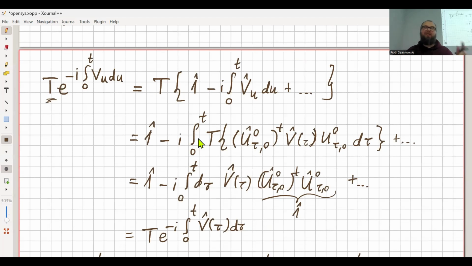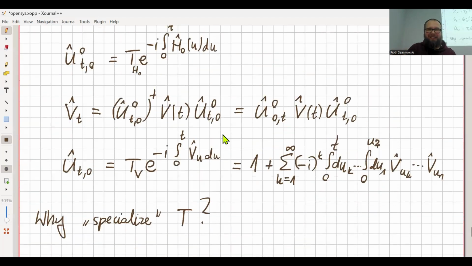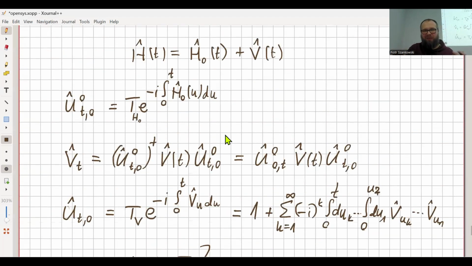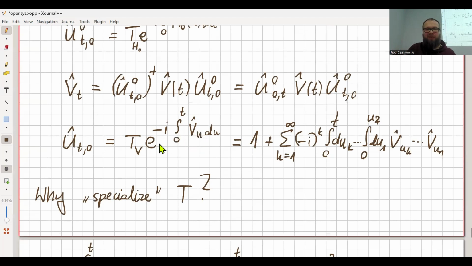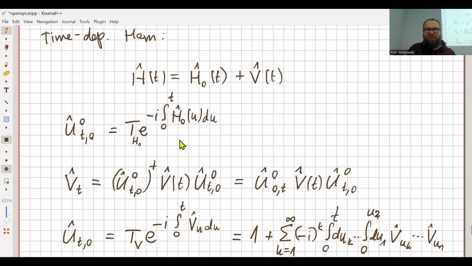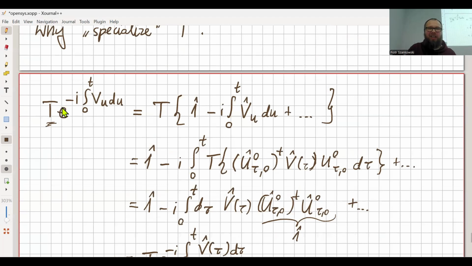Don't forget it. If it's clear from context what is the operator you should order, sometimes you can skip this index. You can treat this kind of formula rather as a shorthand. So this means I'm ordering the thing that's under the integral as a whole.